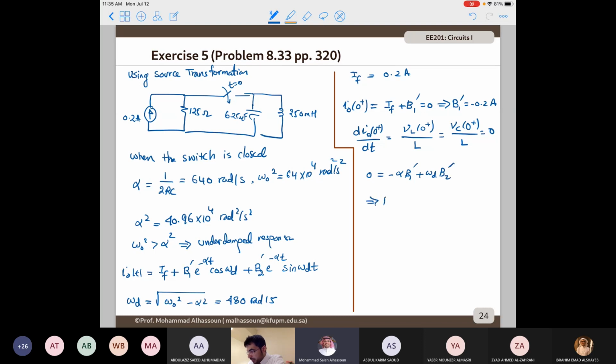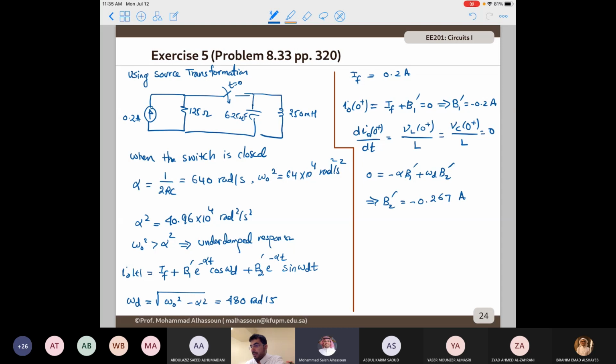So if you solve for B2 prime, you will end up with minus 0.267, and this one is also in amperes. So now we found B1 prime, B2 prime, alpha, and omega d.